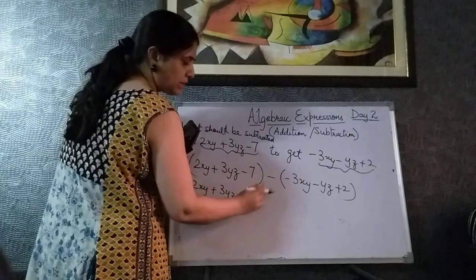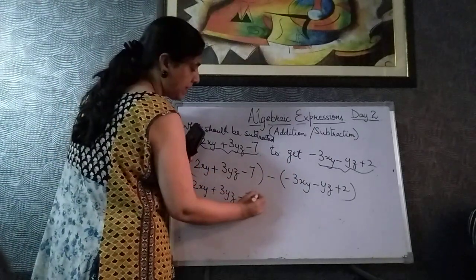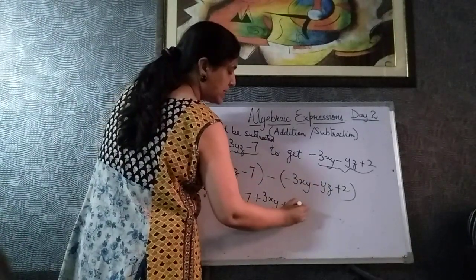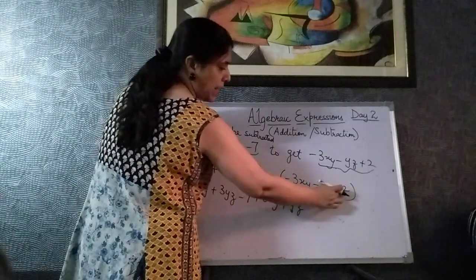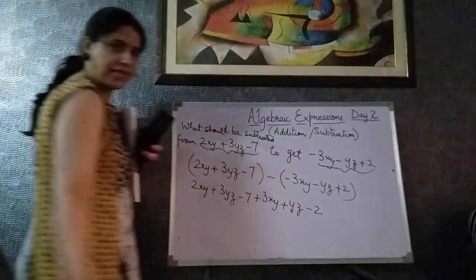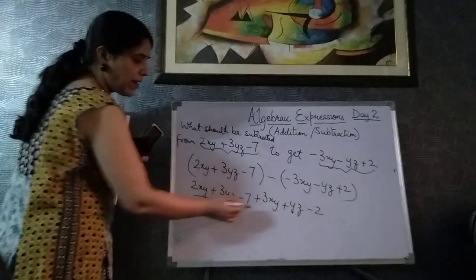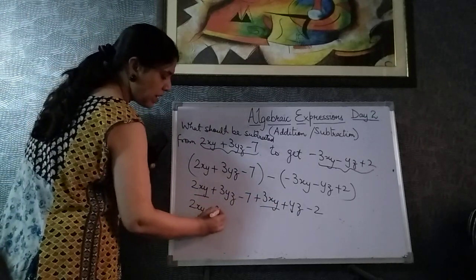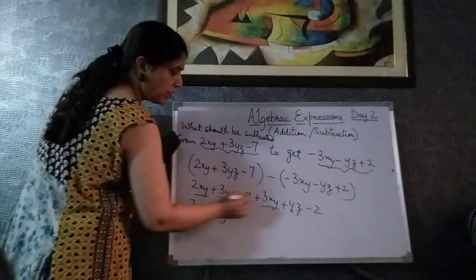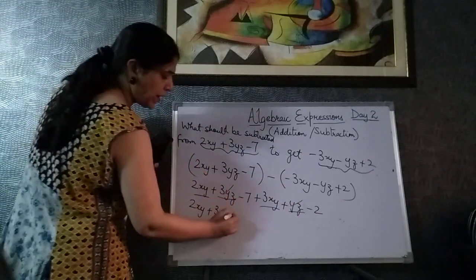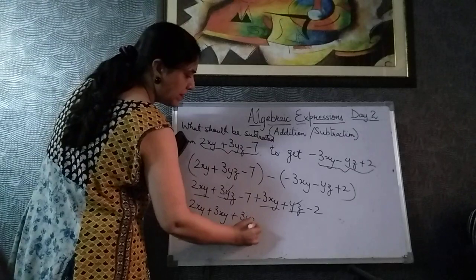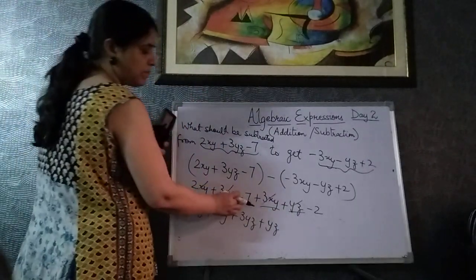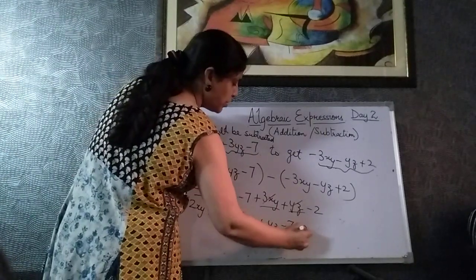This minus comes because minus is standing outside, it becomes plus 3xy. This minus again becomes plus yz. Why? Because minus is standing outside, all will change their signs and come out. 2xy and plus 3xy written together, then 3yz and yz written together, plus 3yz plus yz, and minus 7 minus 2 written together.